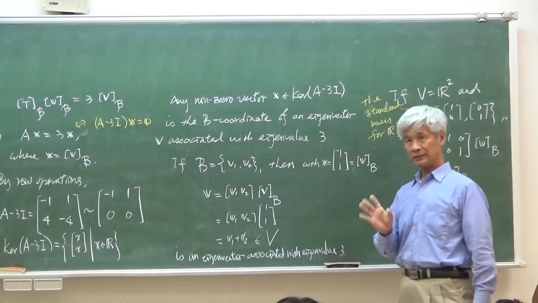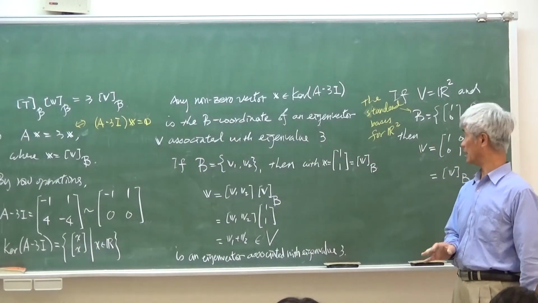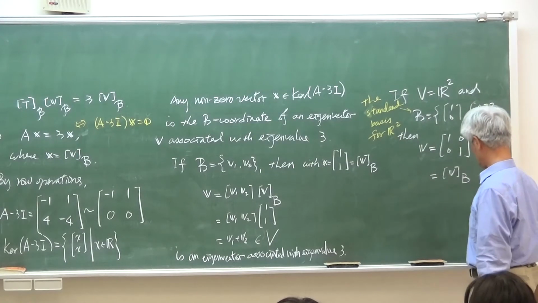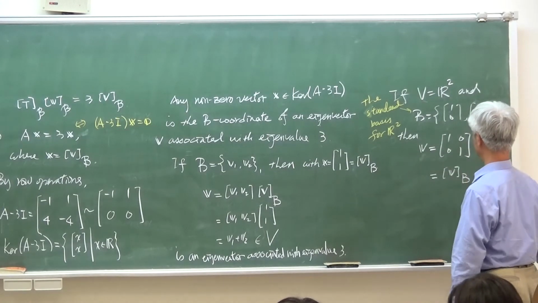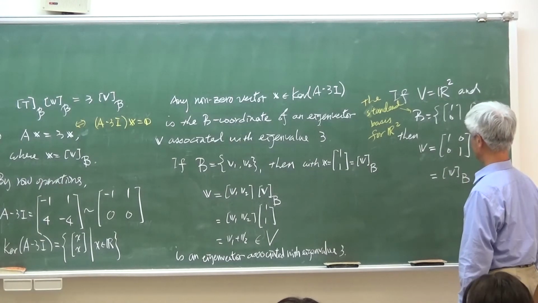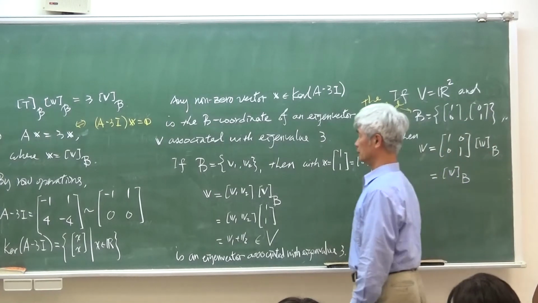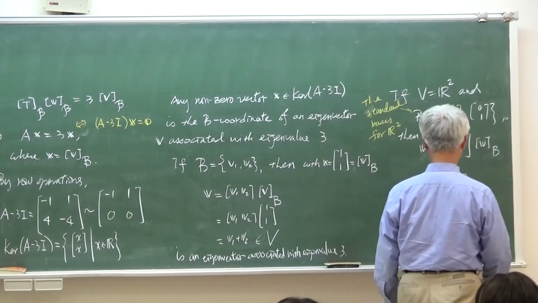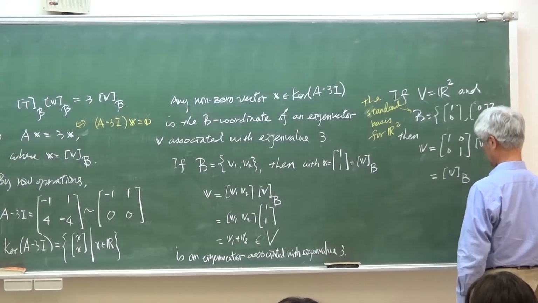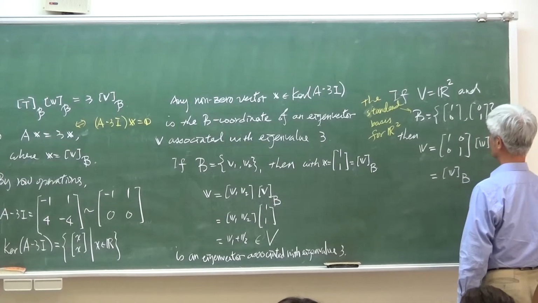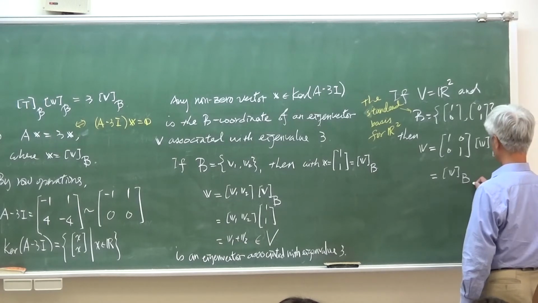An eigenvector should be non-zero, okay, we have to know that. And so we will find the eigenvector.